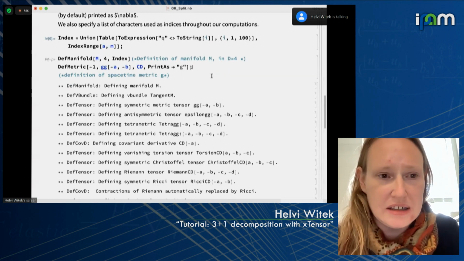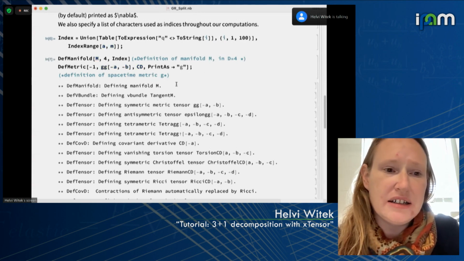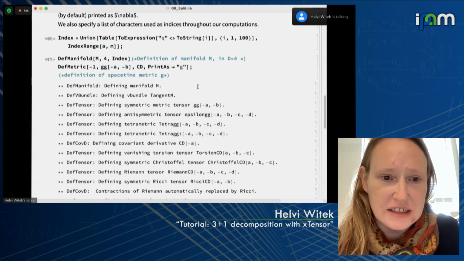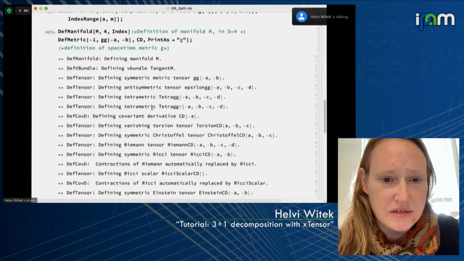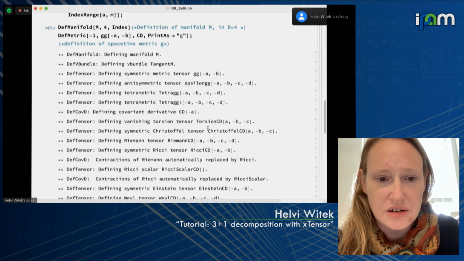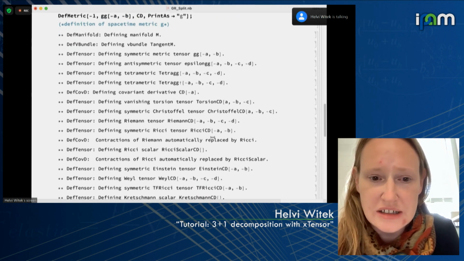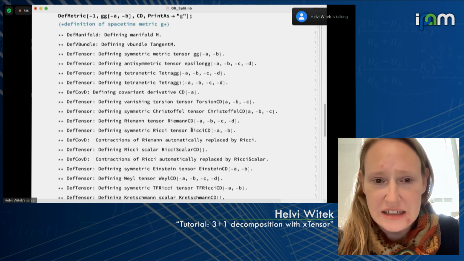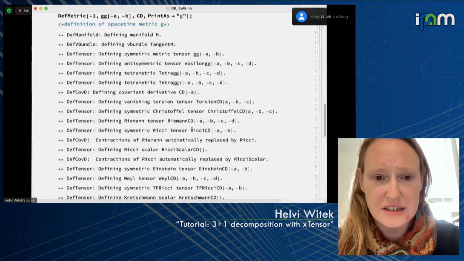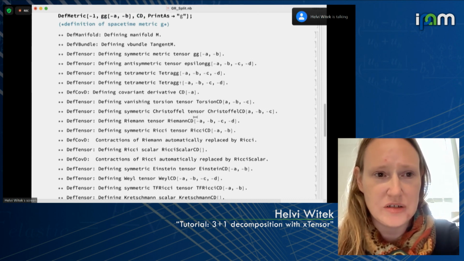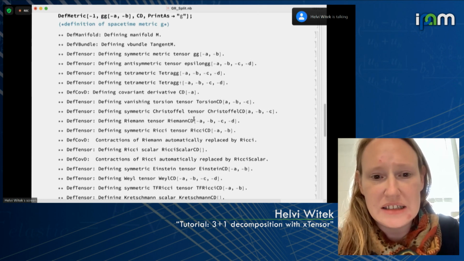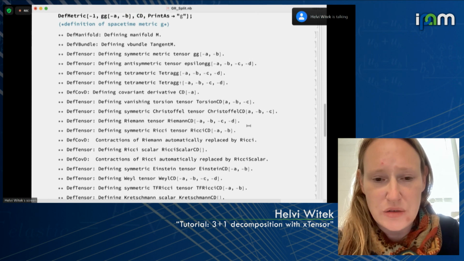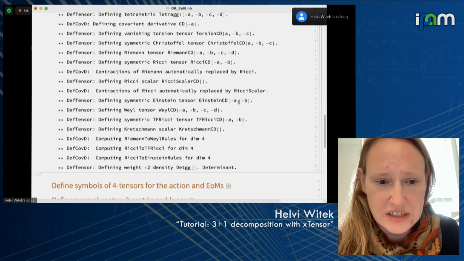As I'm executing this command, I get a bunch of other tensors defined that correspond to this metric. So I get my Levi-Civita tensor, my covariant derivative, torsion tensors, Christoffels, Riemann tensors, etc., that are related to this metric, and any of these tensors, depending on or with respect to my metric G, will be indicated by this capital CD that I used for my covariant derivative. So we have all of these quantities defined here.